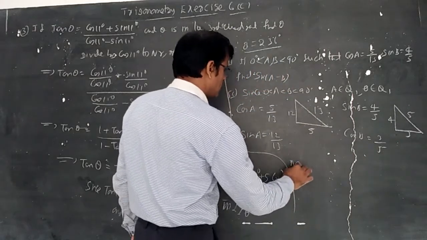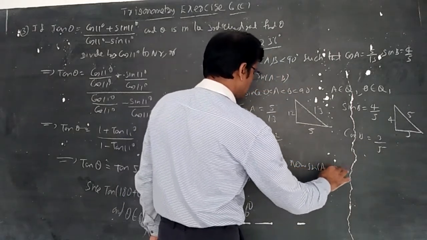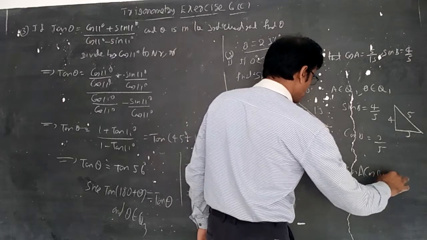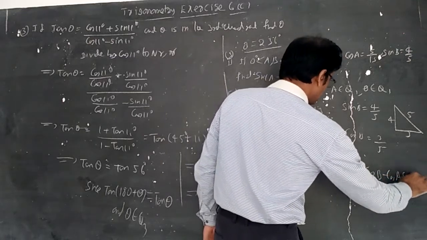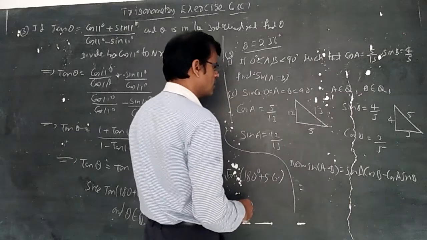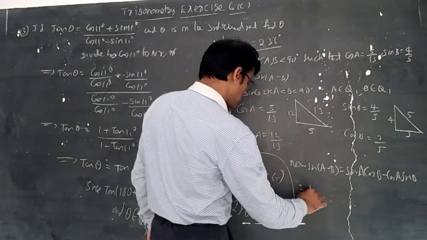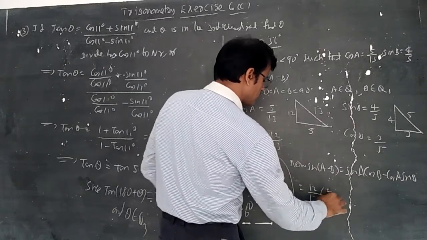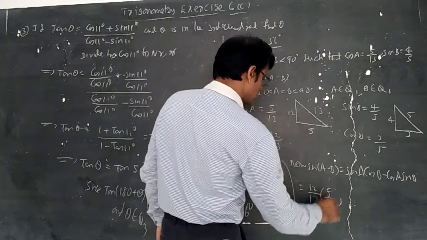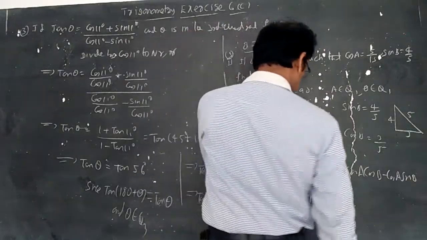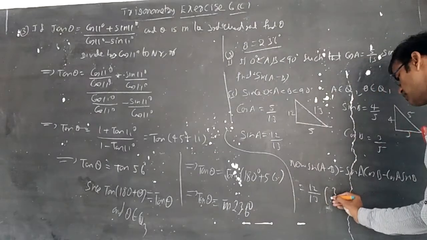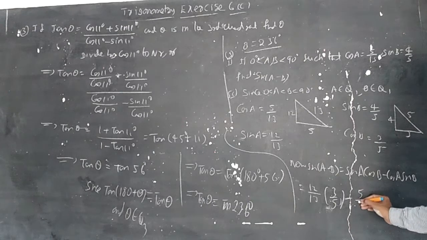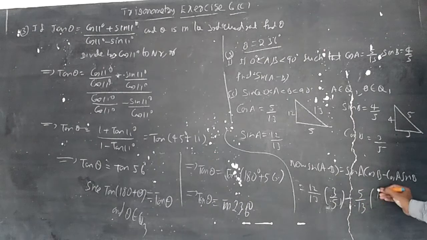Now you need to calculate sine of A minus B. The formula of sine of A minus B is sin A cos B minus cos A sin B. So that is equal to the value of sin A, 12 by 13, into cos B value 3 by 5, minus cos A value 5 by 13 into sin B value 4 by 5.